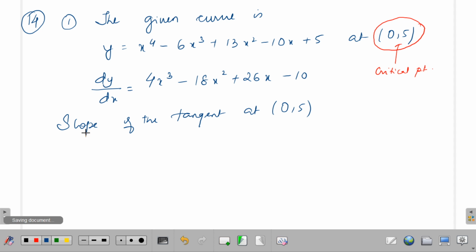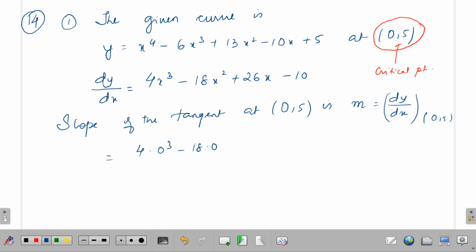So it's given that your slope of the tangent at 0 comma 5 is, I will say, your m is equal to your dy by dx. So I got dy by dx at 0 comma 5. If I put a value, because the value for x happens to be 0, it'll be 4 into 0 cube minus 18 into 0 square plus 26 into 0 minus 10.